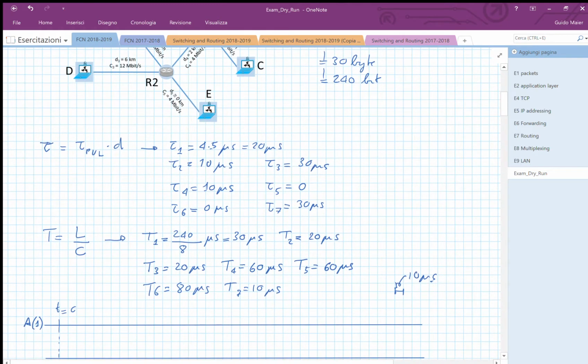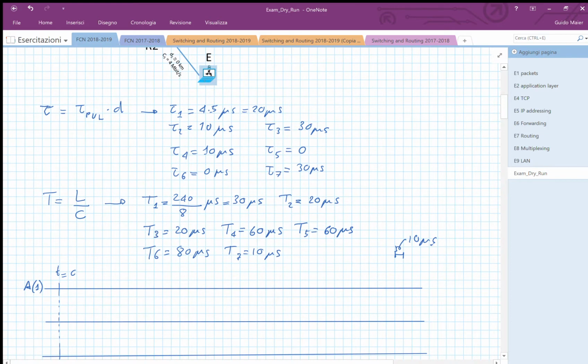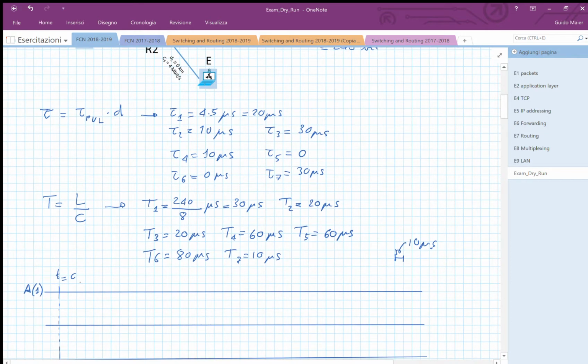Transmission time here is 30 microseconds, so I can start drawing the packets, and the sequence is E, B1, B2, then we have D, then we have another packet for B3.